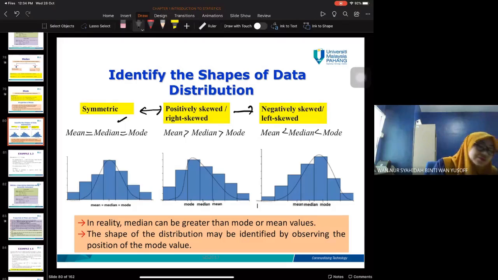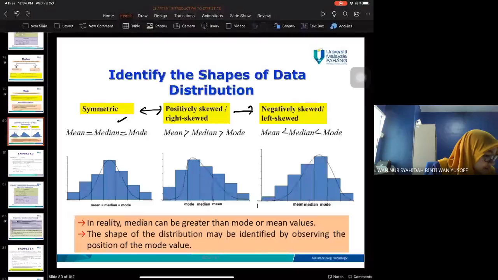So what we can do is sketch the value of mean, median, and mode to identify which shape you have. Because sometimes, as I said, there is no mode in your data. So what to do? How to sketch?